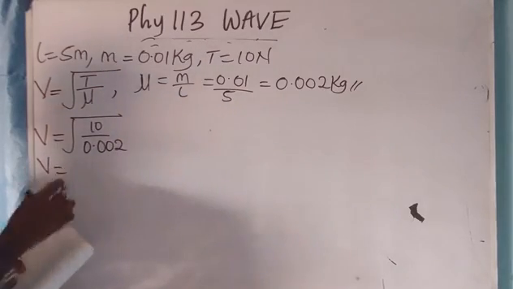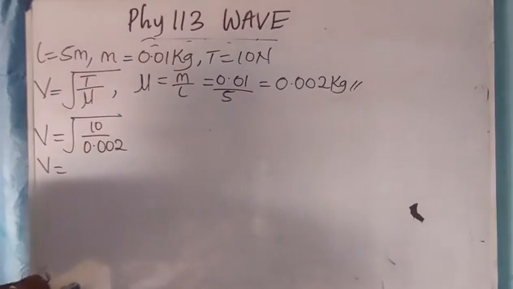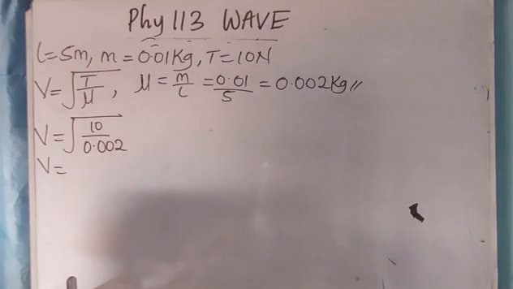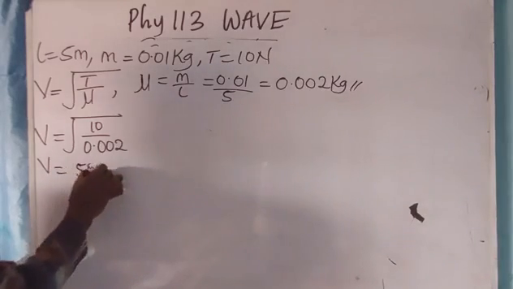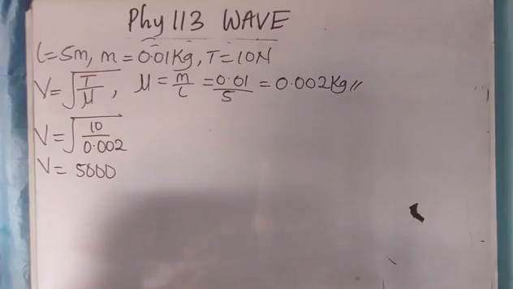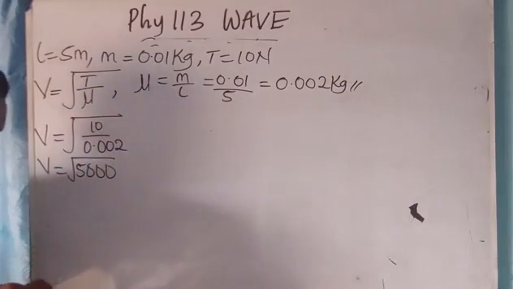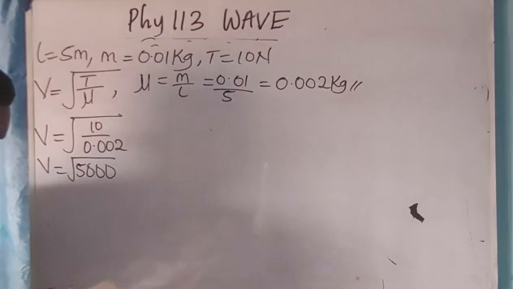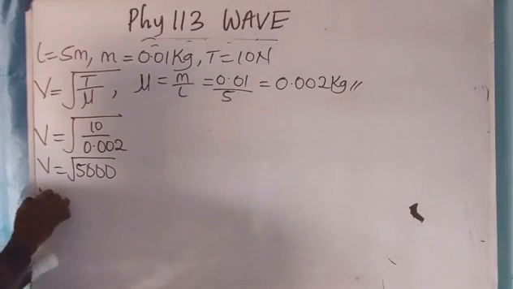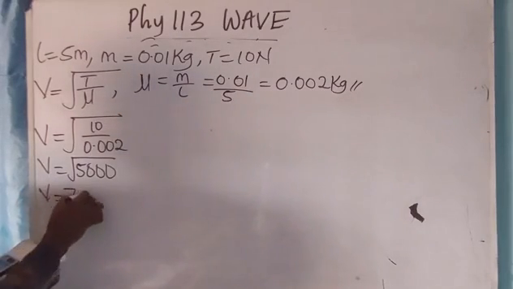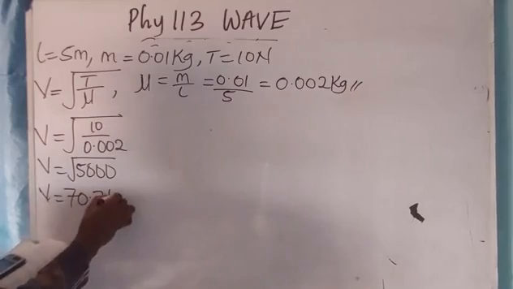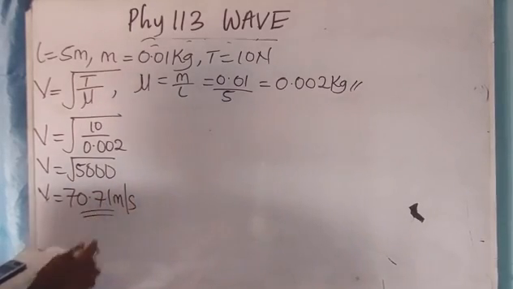So velocity is equals the square root of 10 divided by 0.002, which equals 5,000. Are we stopping there? No. We have to look for the square root of 5,000, which equals 70.71 meter per second. Okay, just meter per second.